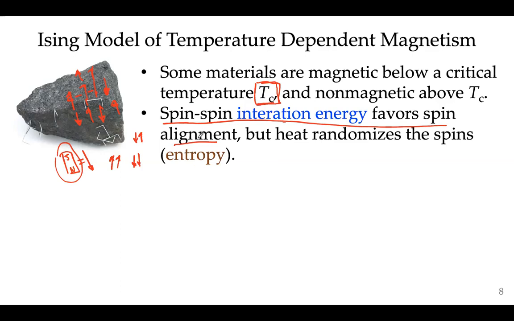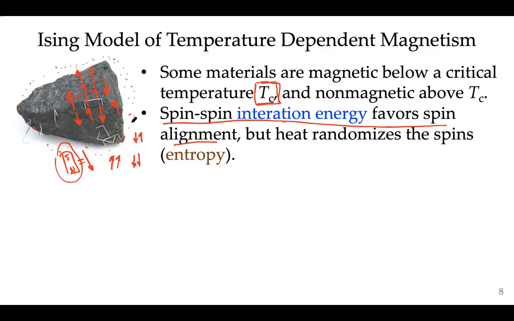But energy is not the only player here. There's also heat. If you have a rock like this, magnetic or not, there is air around, so there is ambient temperature, there's heat, unless you're at 0 Kelvin, which is negative 273 degrees Celsius and is not possible.